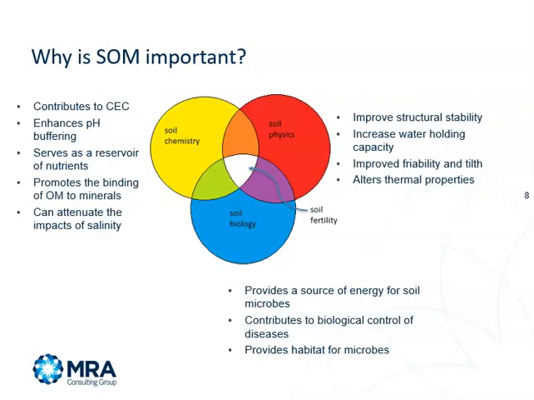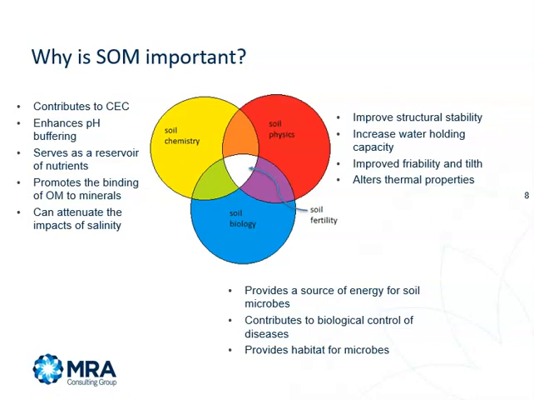Soil organic matter plays an important role in soil fertility and has effects on soil chemistry, physics, and biology. Chemically, it contributes to the cation exchange capacity, enhances pH buffering, serves as a reservoir of nutrients, promotes binding of organic matter to minerals, and attenuates the impacts of salinity.